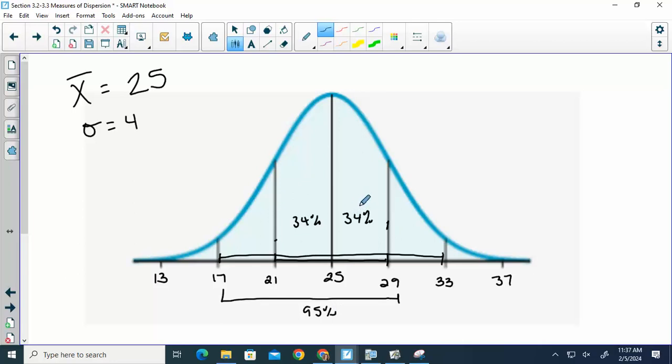You do 95 minus 68. 27, and you would have to split it over the 2 ends, so that means an additional 13.5% would be in those ranges.